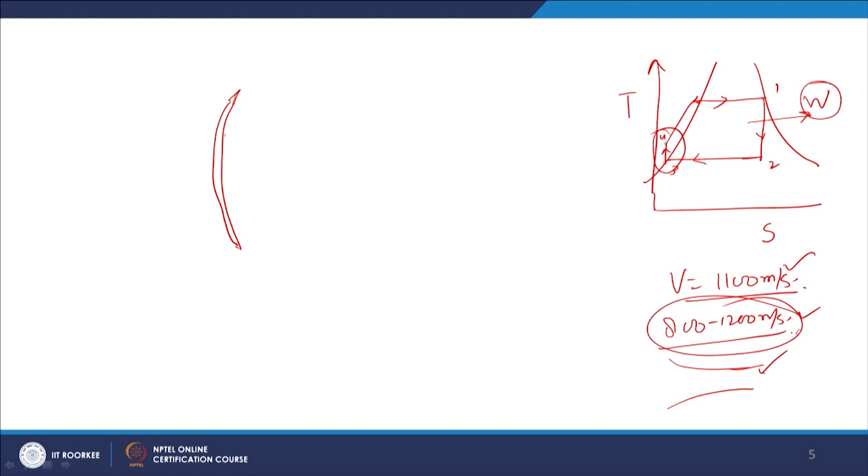Now, with such high velocity, steam strikes the blade. Actually, steam does not strike the blade, it glides over the blade, and there is a change in the direction of the motion of the steam. Steam is entering from this side and leaving from the other side, right? And the blade is not fixed, the blade is also moving with a certain peripheral velocity u.